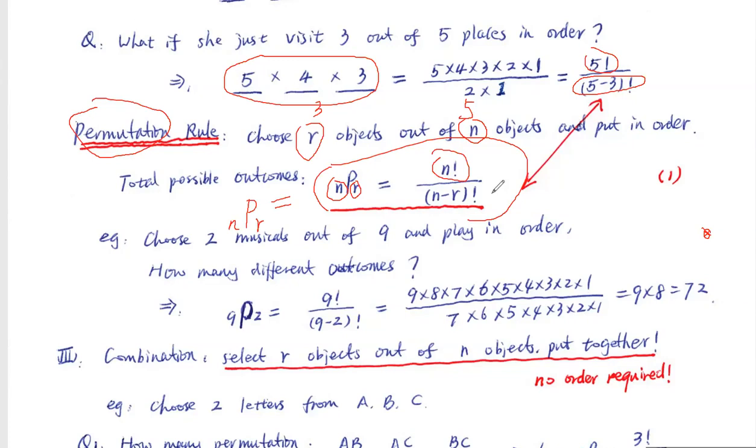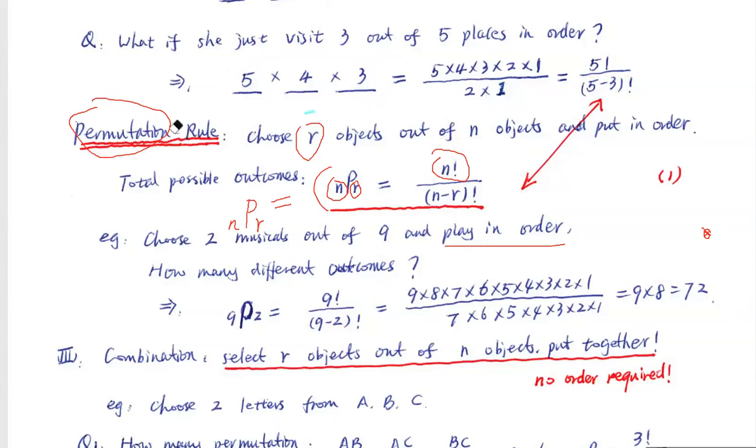Using this formula, now another example: we want to choose two musicals out of a total of nine, and the playing order matters. Everybody, note those keywords. When they say playing order, that means order matters, so that should be permutation.